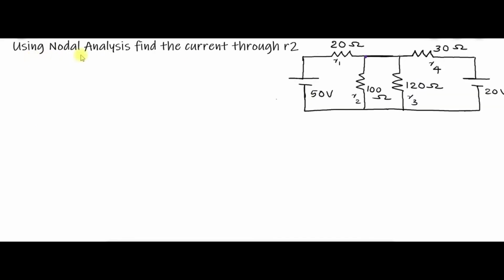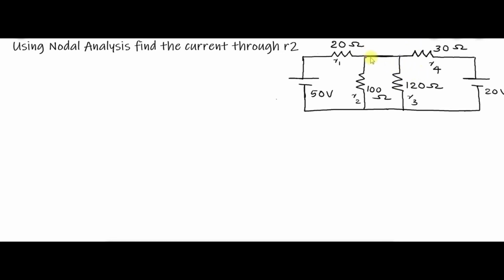First question: using nodal analysis, find the current through R2. A node is a common point between two circuit elements or branches. Here, this can be considered a node, this can be considered a node, this one is a node, or else this one also is a node, because these are all meeting points of two or more circuit elements.